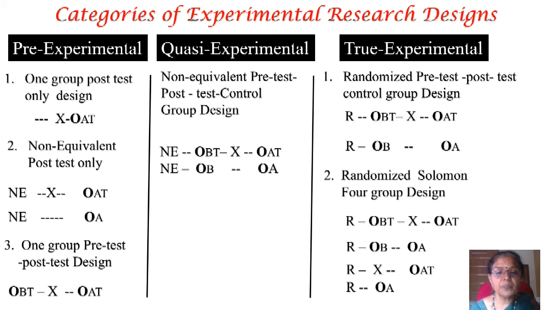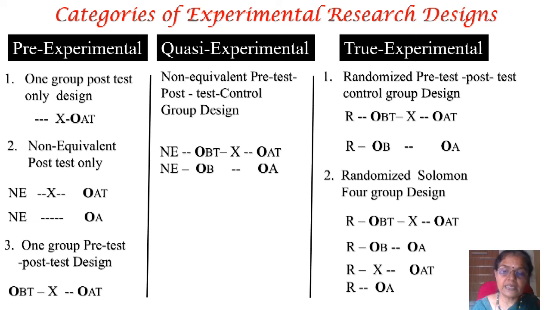And the first group, you are giving treatment, so it is the experimental group or the treatment group. You are giving the treatment and no pre-test. You're just observing it at the end after treatment. And the second group, which is the control group, no treatment and no pre-test, and you give them only post-test and you observe the data after the treatment.